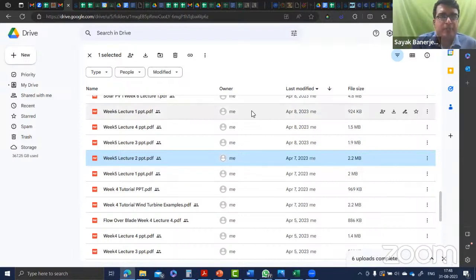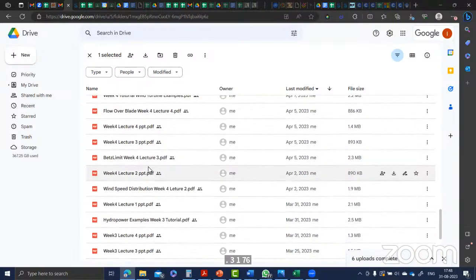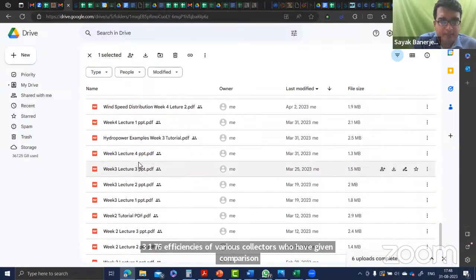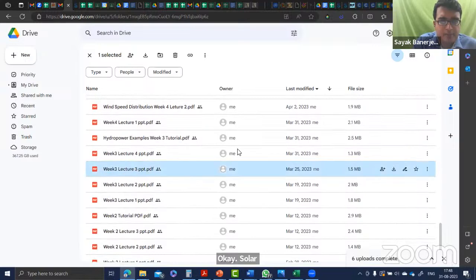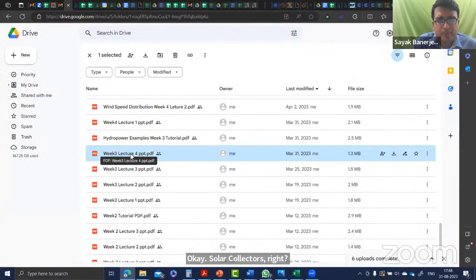Because this is the repository, it comes to you from this repository. Sir, week 3, 176, efficiencies of various collectors, we have given a comparison. Okay, solar collectors, right? Week 3 is hydropower.